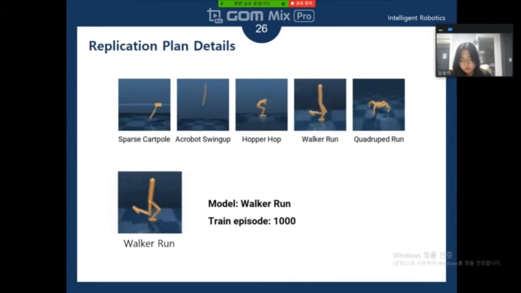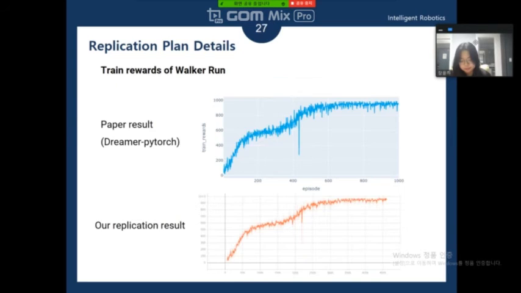To compare with the original Dreamer performances, we went through 1000 learning episodes. This is the graph of training rewards results. The above graph is the original PyTorch version learning reward value of the Dreamer, and the below graph is the learning reward value that we implemented. As you can see, it has almost the same graph results.